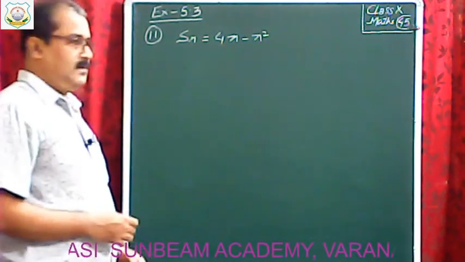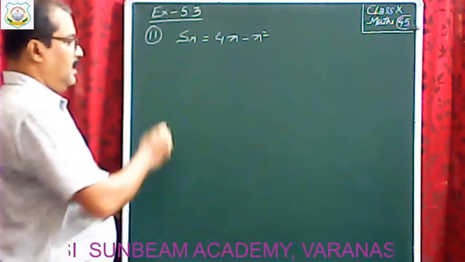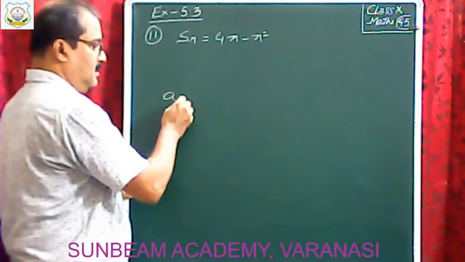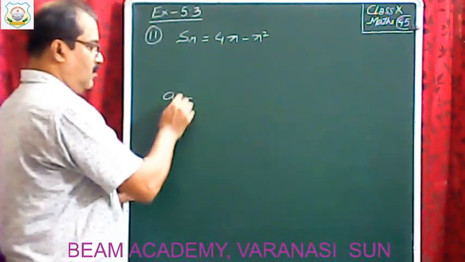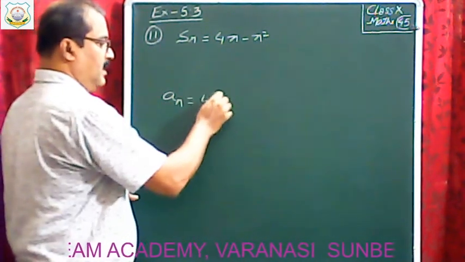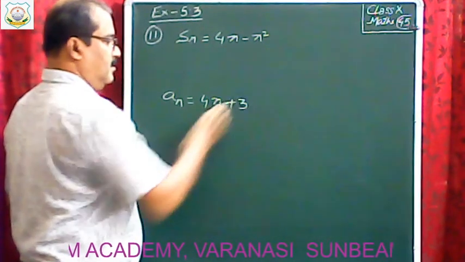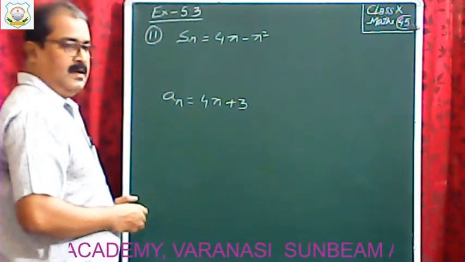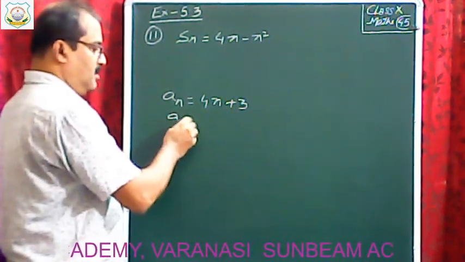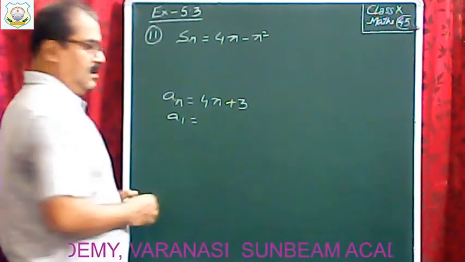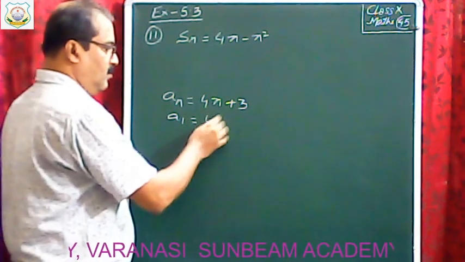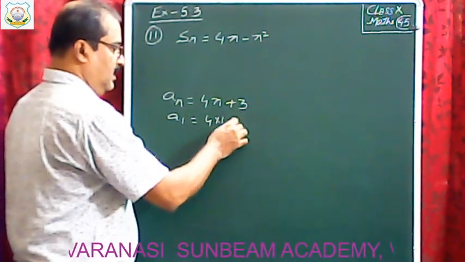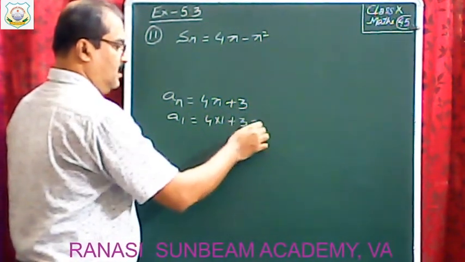First, an illustration. In the last class we did question number 10, where an is equal to something given, suppose 4n plus 3. So what is the first term? You have to substitute 1 in place of n, then we get the first term. Taking n equal to 1 everywhere, we get 7.